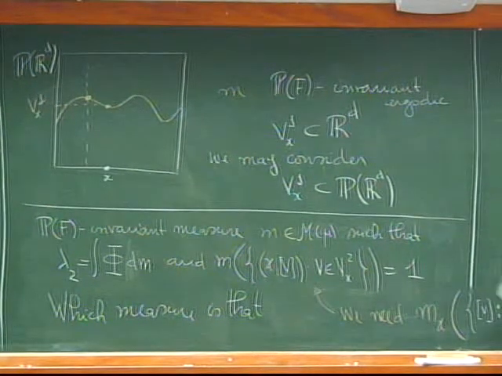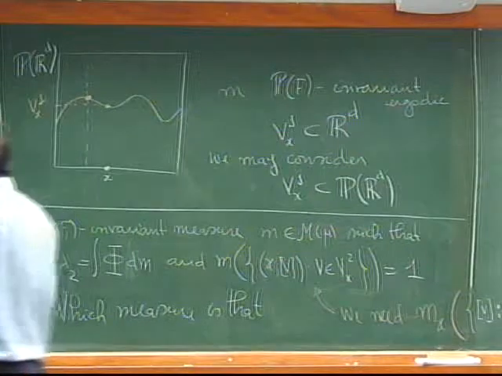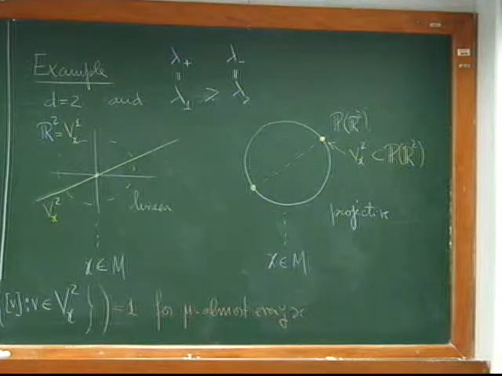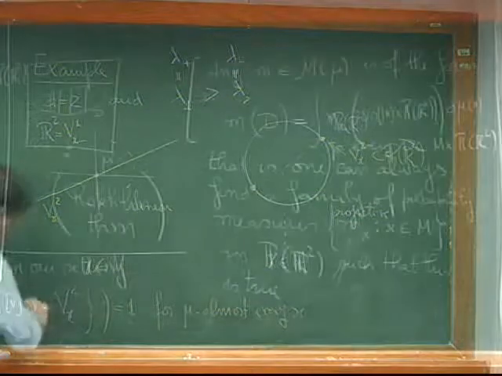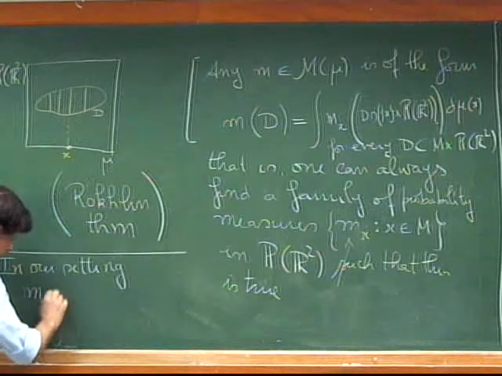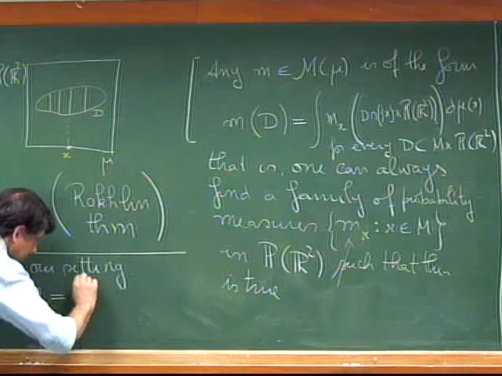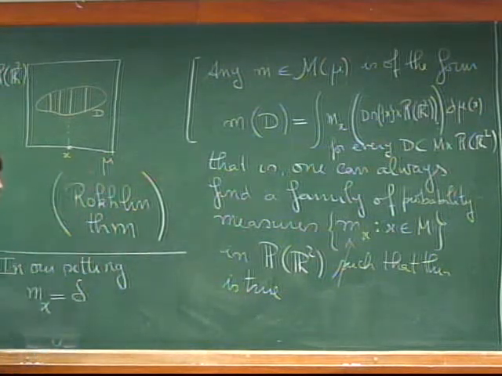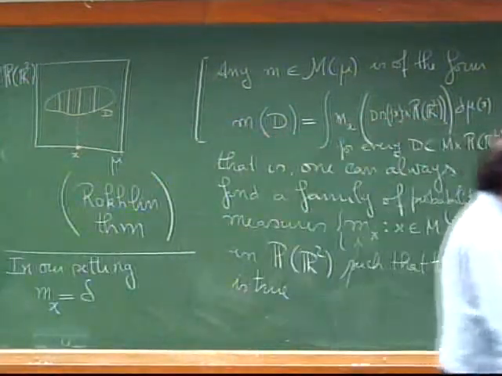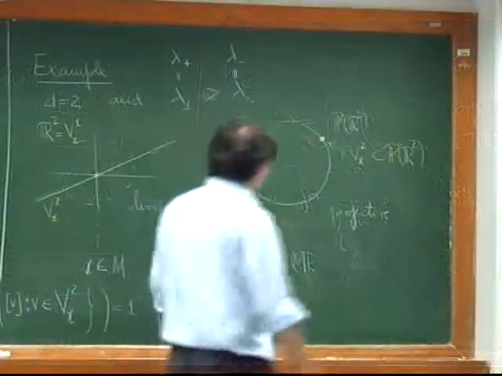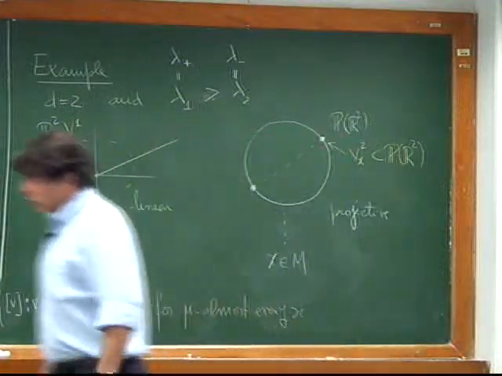Okay, so the conclusion here is, in our setting, m_x has to be the Dirac mass on that point. I really don't know how to call that point. I'm going to call it V_x^2.